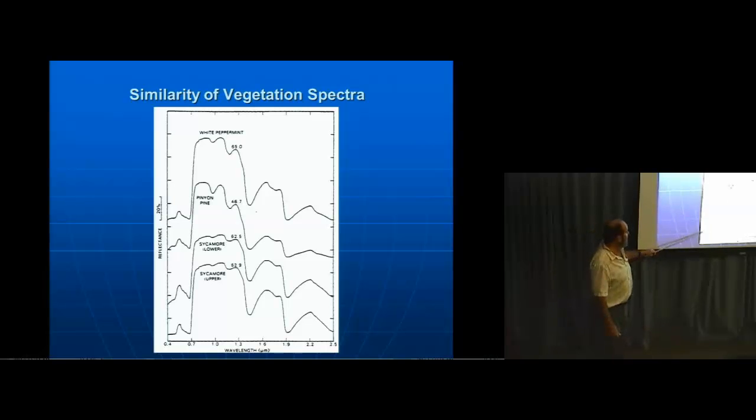Typically, it's this green peak and this IR peak that you use to recognize vegetation, and these other features in here to characterize it. For remote sensing, the 1.4 and the 1.9 are not useful, but you can tell certain things in this wavelength range between the water bands and in this 2 to 2.5 range.